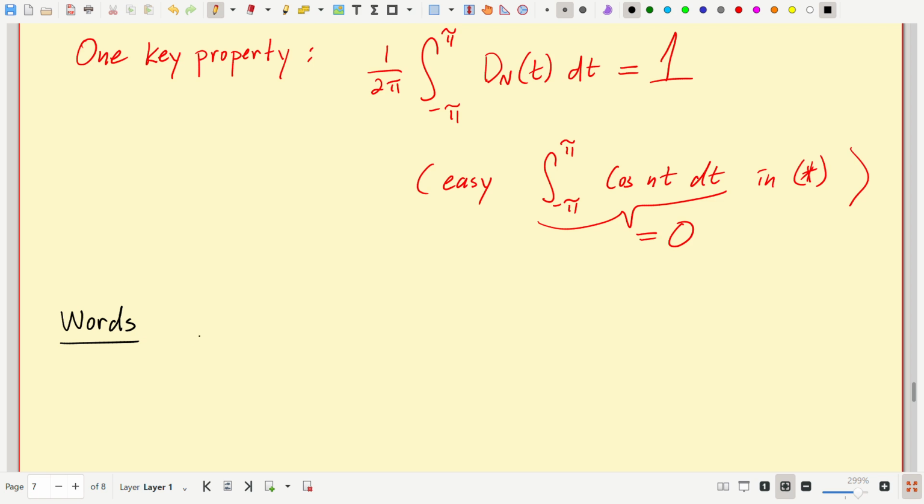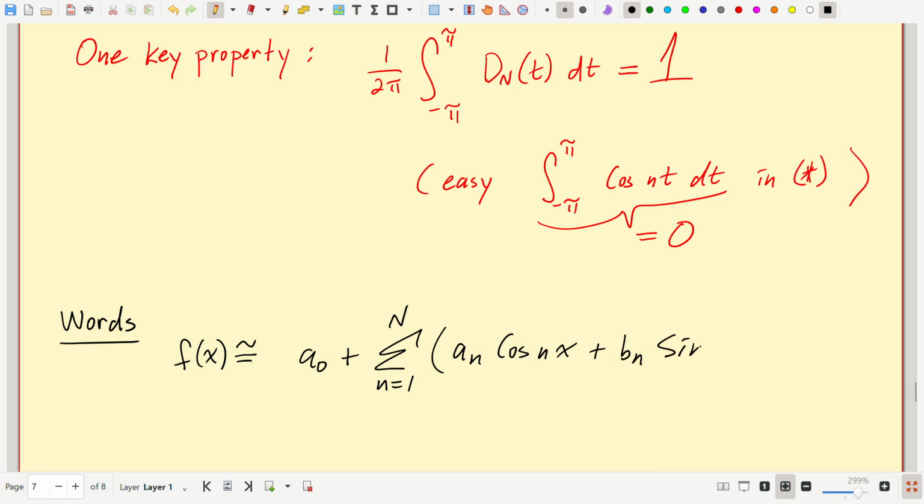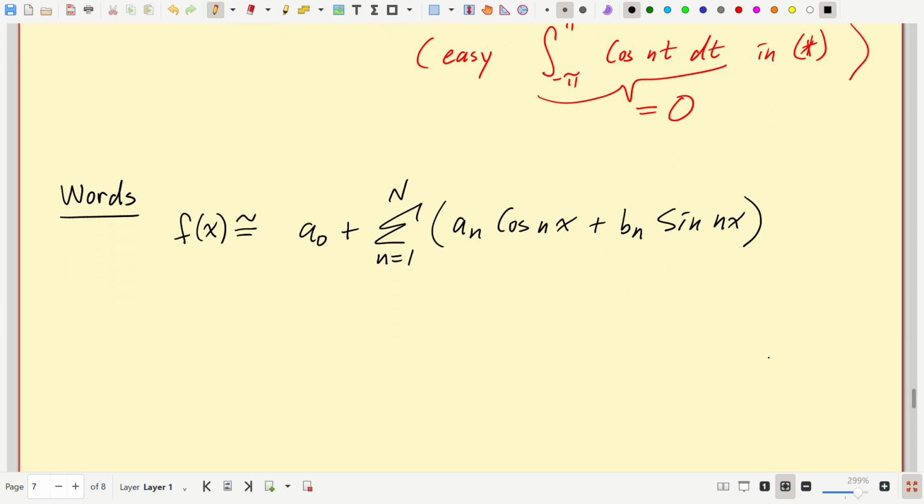Remember, when I had a Fourier series for f, and I take a finite sum in the Fourier series, that's a naught plus a sum as n from 1 to capital N of an cosine nx plus bn sine nx. Remember, last time I showed you that that sum is equal to the sum as n goes from minus capital N to plus capital N of Cn e to the inx.